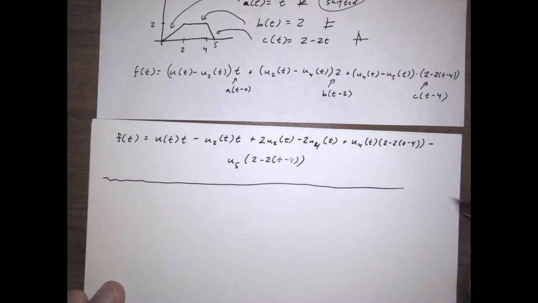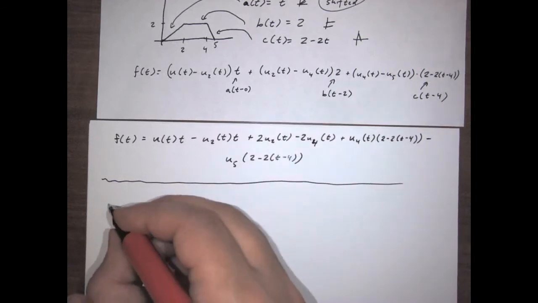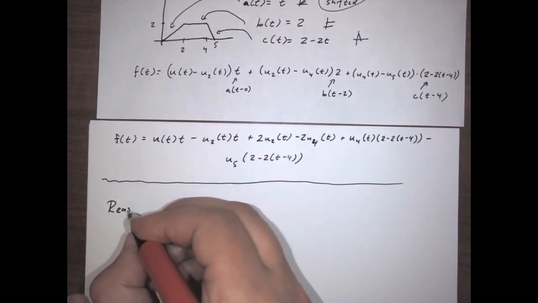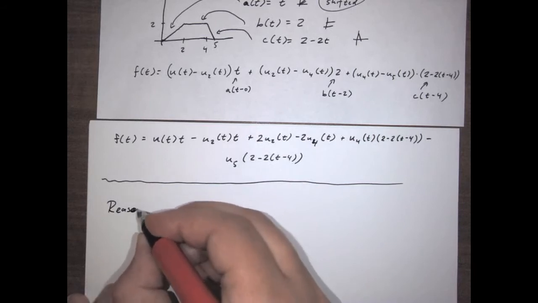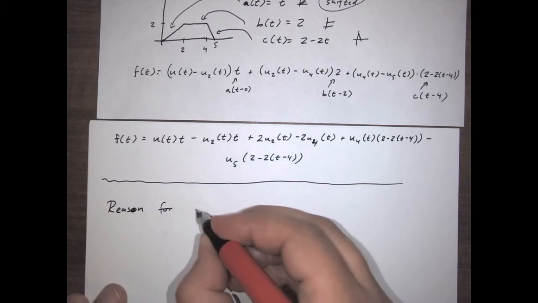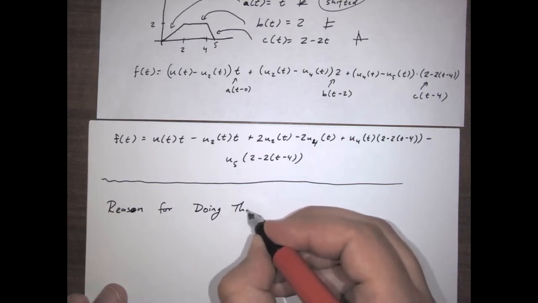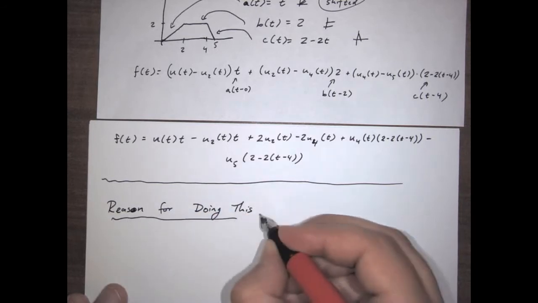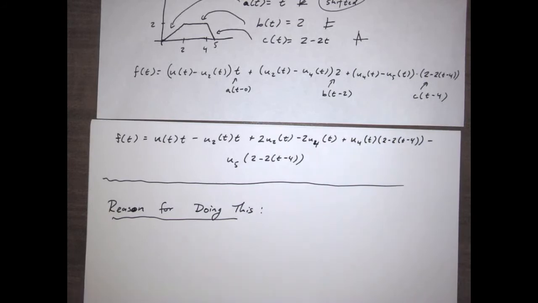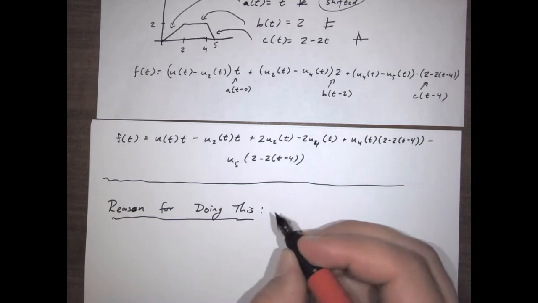Now here's the reason for doing this. The reason why we want to break this into these little parts is that there is a way of figuring out the Laplace transform of each of these little parts.